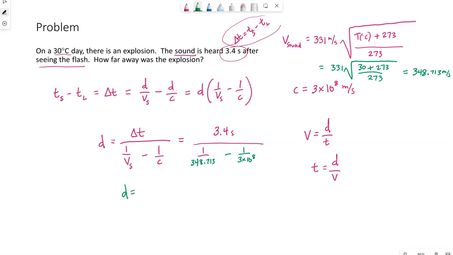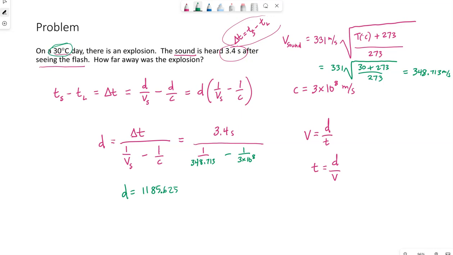So when I put in the value, including the speed of light here, I get 1185.625, which of course I cannot be that accurate. We're going to assume a number like 30 degrees Celsius is exact at that second decimal place.